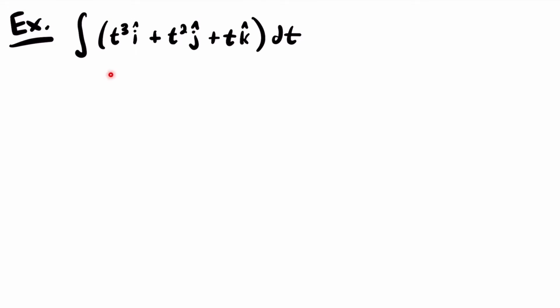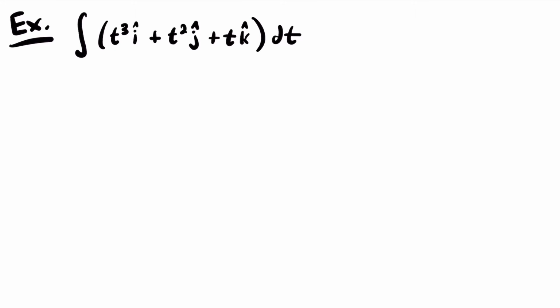First up, we have this integral. It is an indefinite integral because there are no bounds of integration, so we will have a vector constant of integration. In particular, we are integrating this vector function, t cubed i plus t squared j plus t k, all multiplied by dt. All right, so if we want to integrate this vector function, what we need to do is integrate each of the components individually.